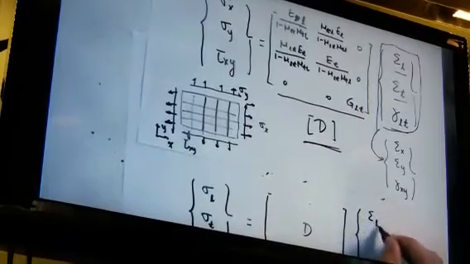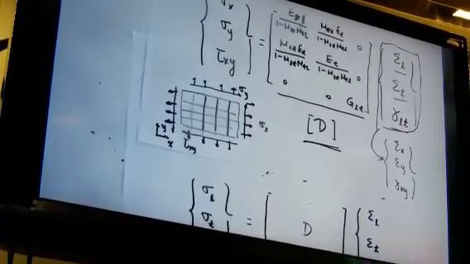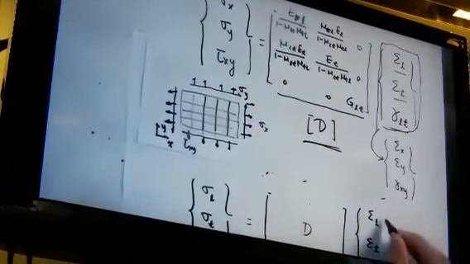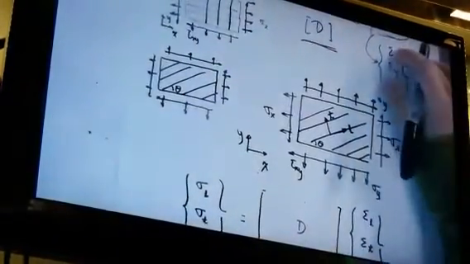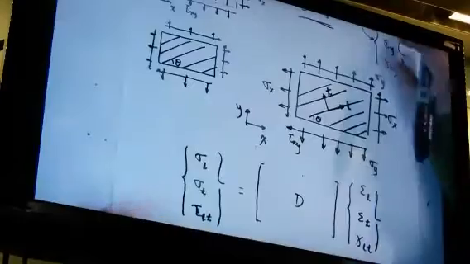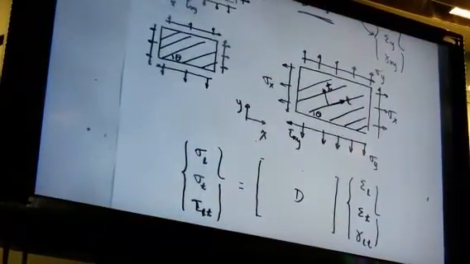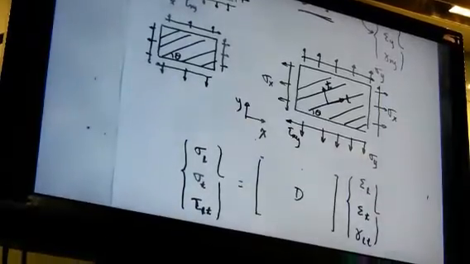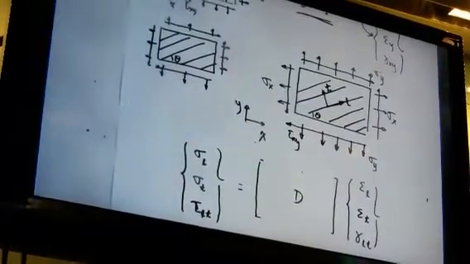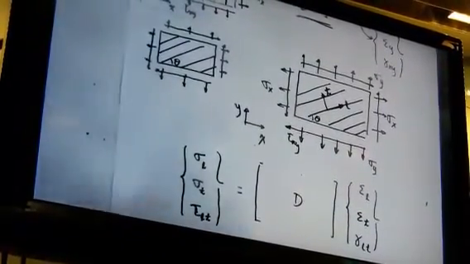This one, epsilon L, epsilon t, gamma LT. This is a strain-stress relation in that local coordinate. So-called local coordinate is you define your longitudinal direction along the filament direction, and transverse direction is perpendicular to the filament direction. So this is a stress-strain relation in local coordinate.